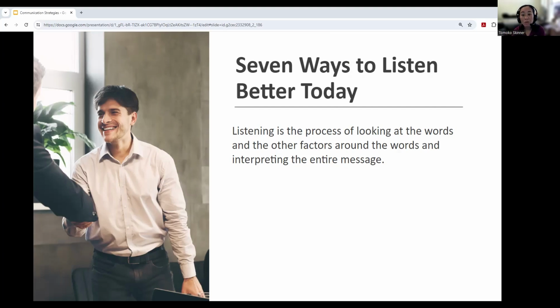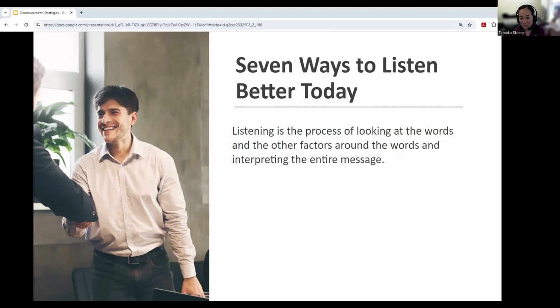Another one is refrain from giving advice unless requested. Clarify their needs if unsure. The next one is ensure a conducive environment by minimizing noise and distractions. And lastly, if note taking is necessary, do so without disrupting the conversation flow. Ask for a break if needed.